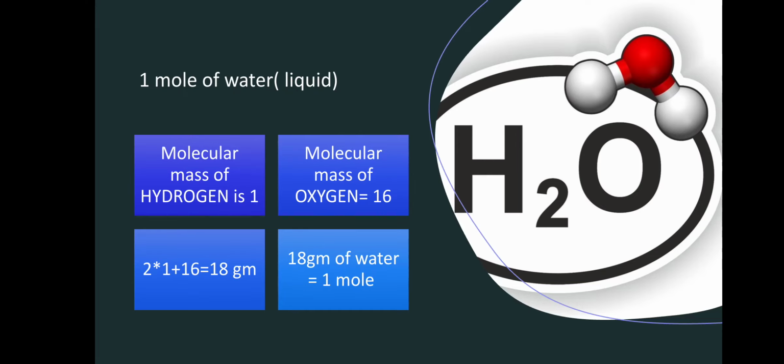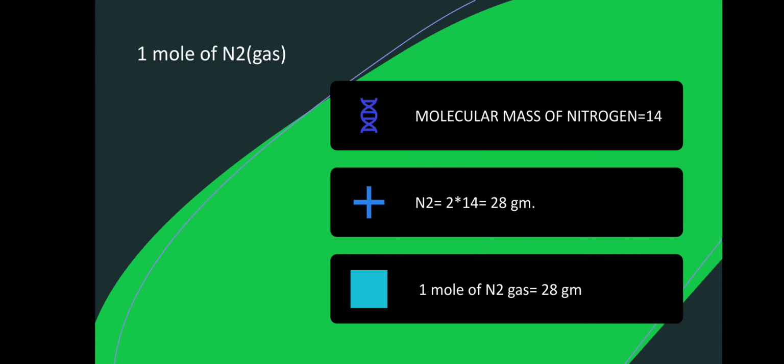1 mole of salt. Let us take another example, that is one gas. 1 mole of nitrogen, that is one of the gas. Nitrogen formula is N2. Molecular mass of one nitrogen atom you know, that is 14. So N2 means 2 into 14 is equal to 28 grams.